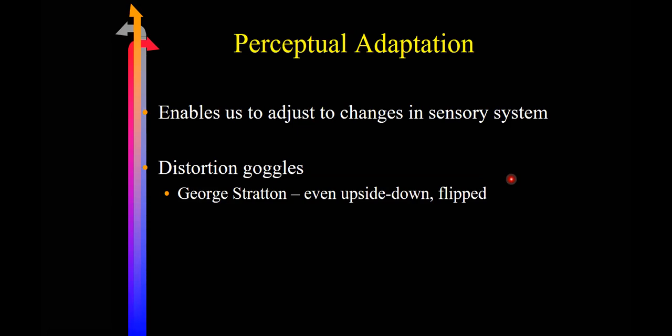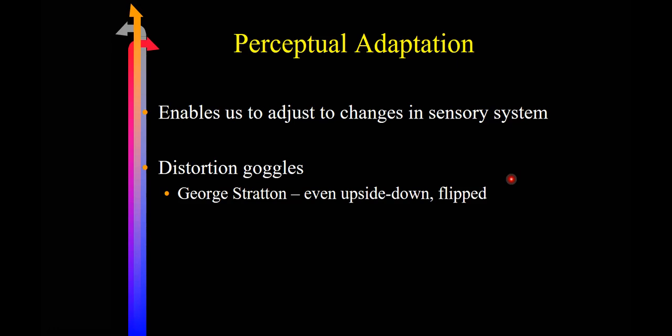So we move on to perceptual adaptation. This is the ability of our perceptual system to adjust to changes in our sensory abilities and sensory system. Now, the extreme example is what happened when George Stratton, a psychology instructor, had his students wear distortion goggles for several days.